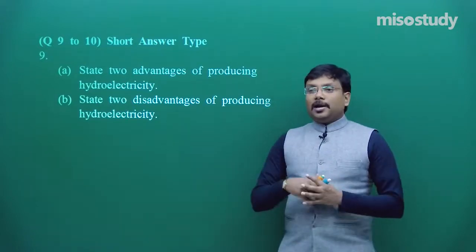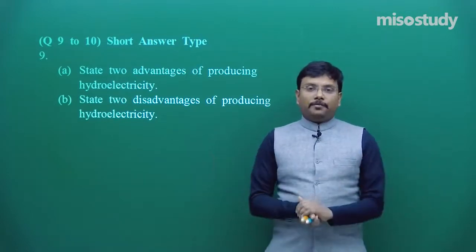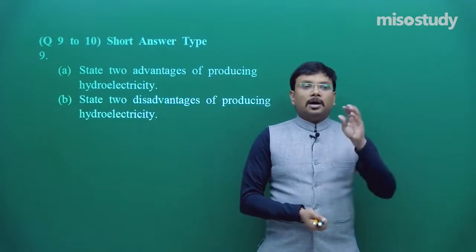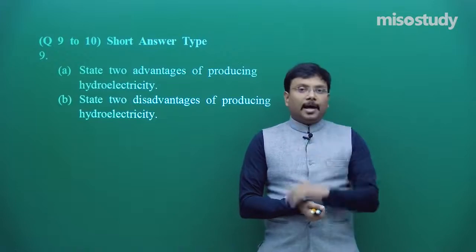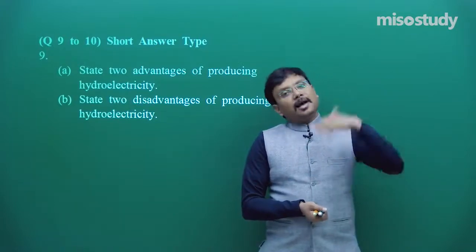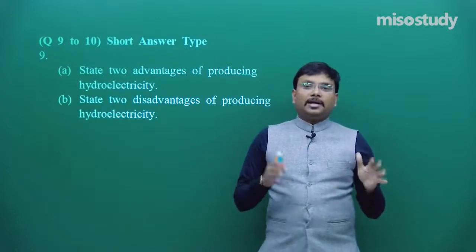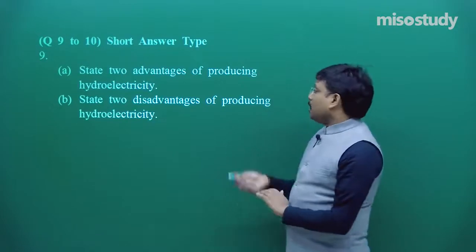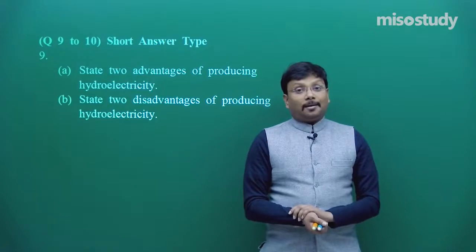Because the reservoir created for collecting huge amount of river water will destroy a lot of green cover, you can say agriculture land, cities. Say for example, Tehri Dam, entire Tehri city has been demolished and new Tehri has been established. The entire old Tehri city is under water. And then ecological imbalances are there.